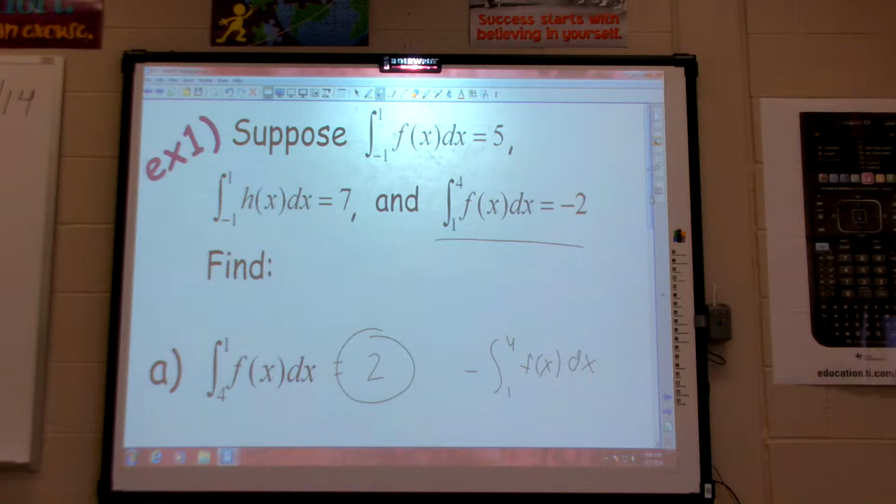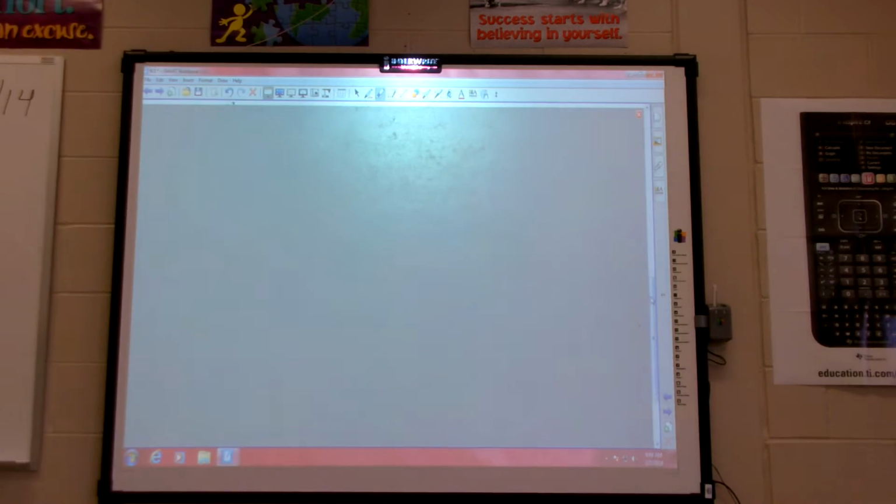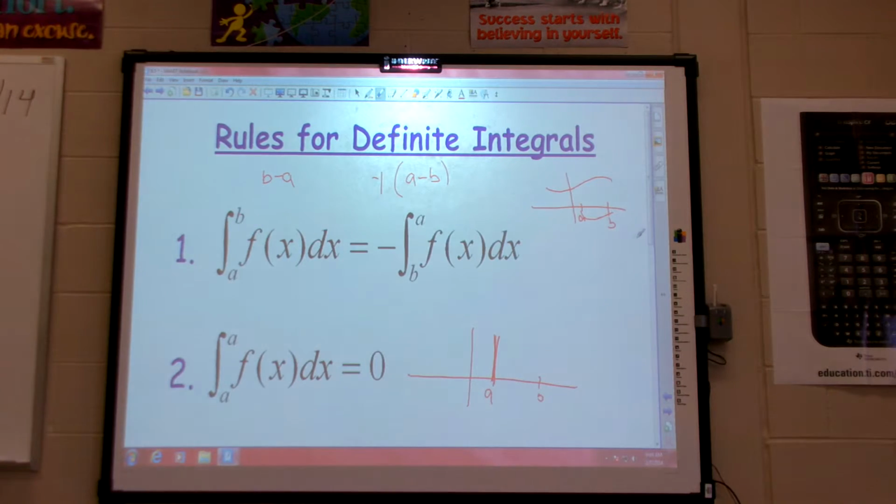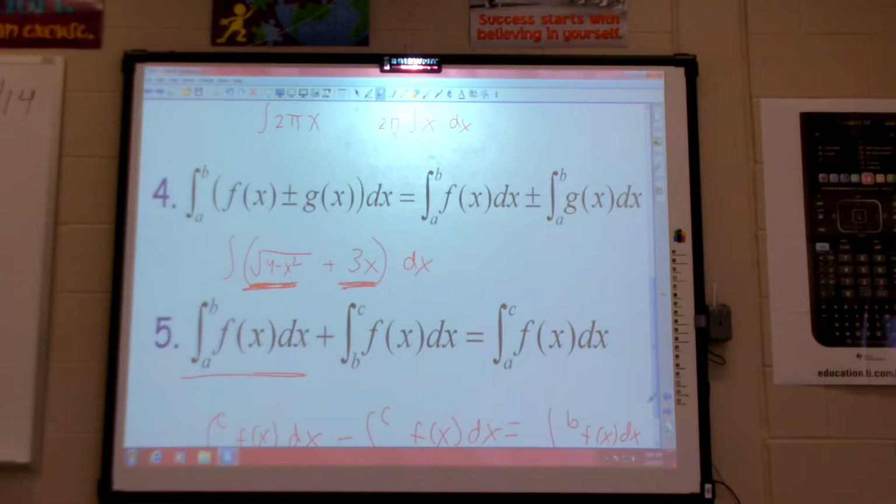How do we get that? Negative 2 plus 4. Add them up, because here's negative 1 to 1, and 1 to 4. So which property is that? That last one, correct? Is it 4? 5. Because we had negative 1 to 1, 1 to 4, so total we have negative 1 to 4.